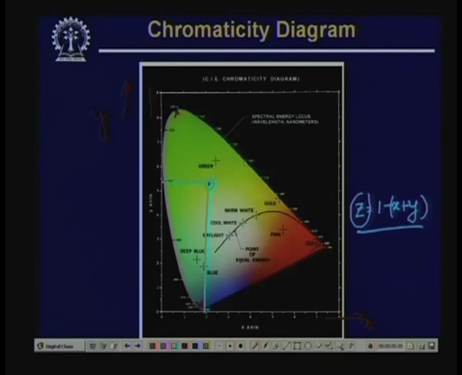So, if I take any pure color on the boundary of this chromaticity diagram and join this with this white point, then all the colors along this line tell us what different shades of this color can be generated if I mix different amounts of white light to this pure color.